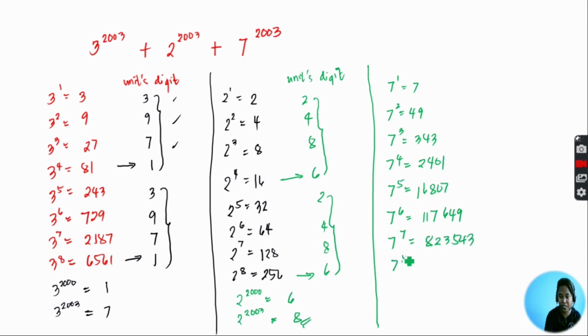And we have also 7 raised to 8, which is equal to 5,764,801.